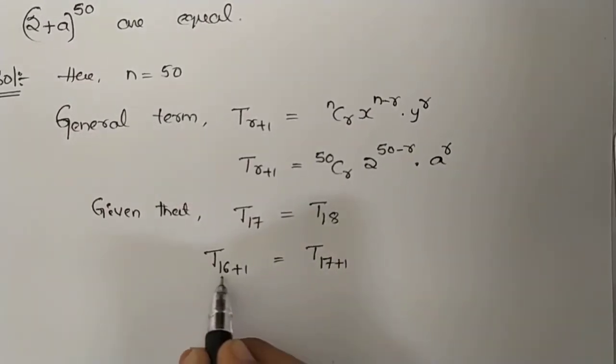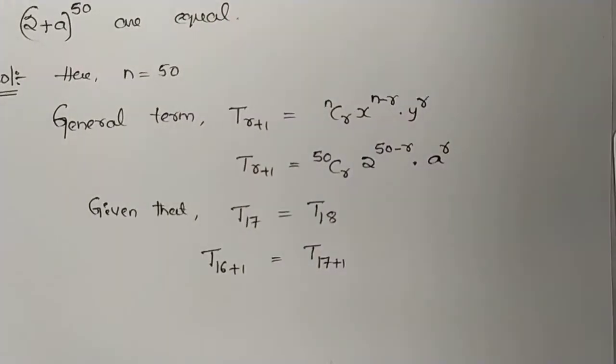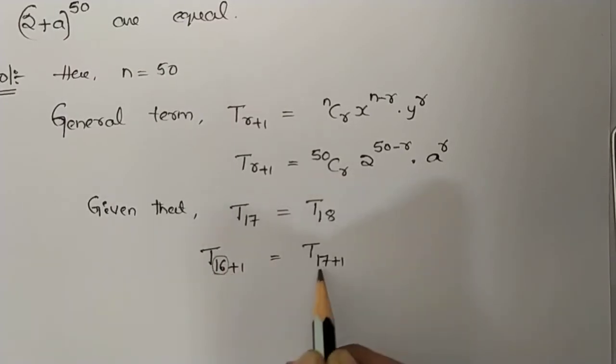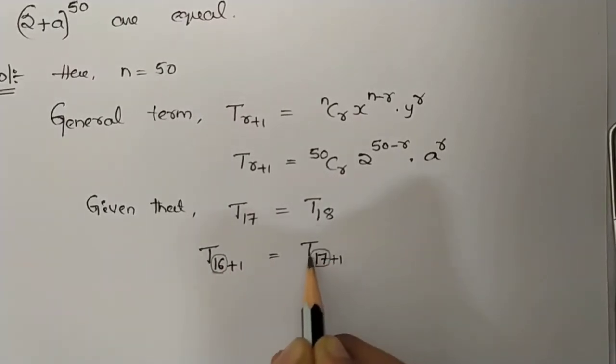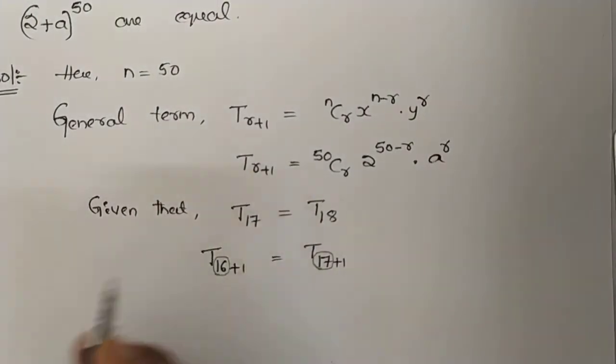Here, the r value is 16 on the left-hand side. On the right-hand side, the r value will be 17. Substitute 16 and 17 in the general term.